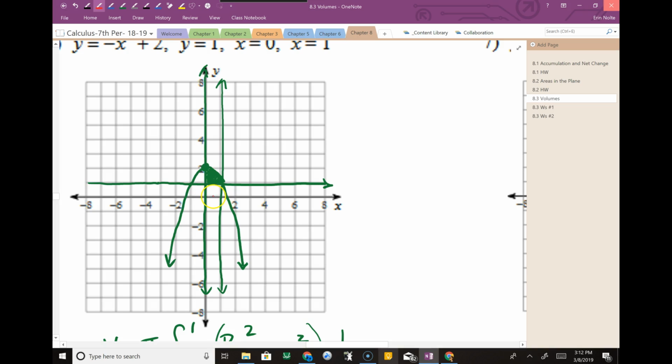So if I'm going around the x-axis, my big R is going to go from the x-axis to this edge. Is everybody okay with that? So 2. Okay, now it's not always 2, it's to this curve. So what is the distance from the x-axis to that curve?